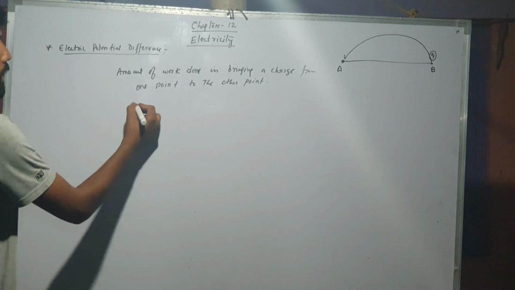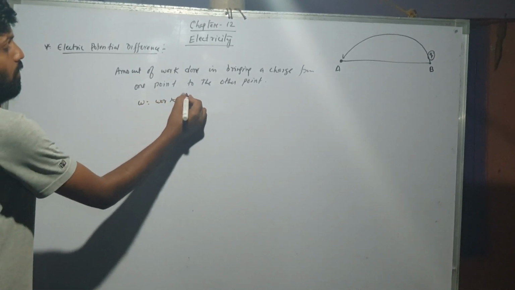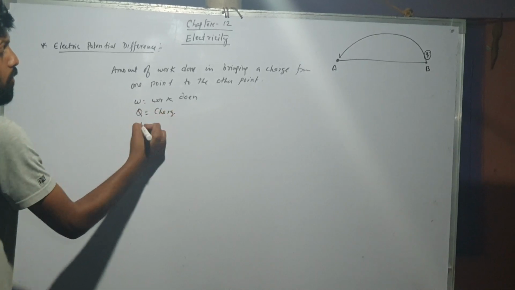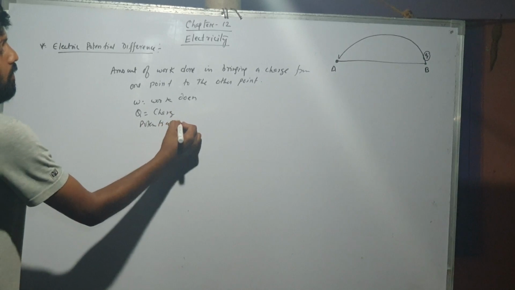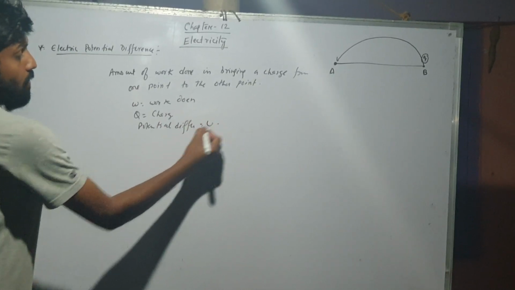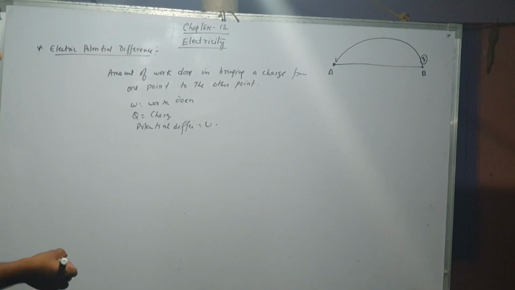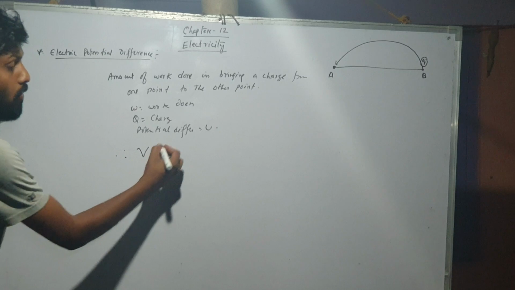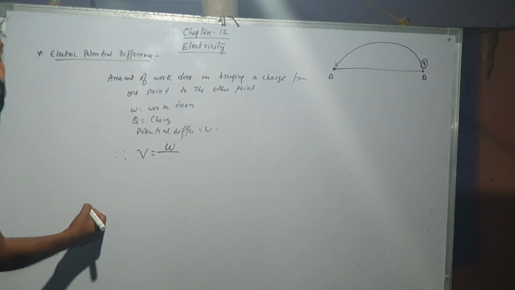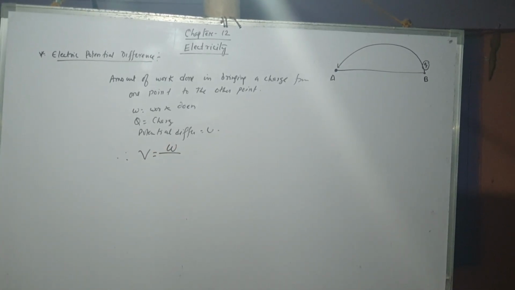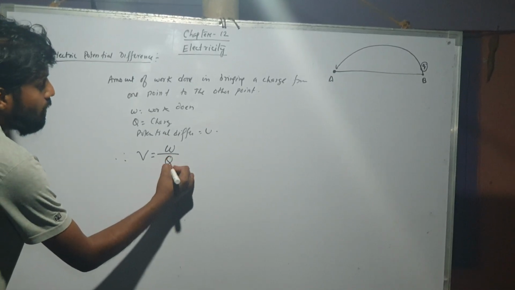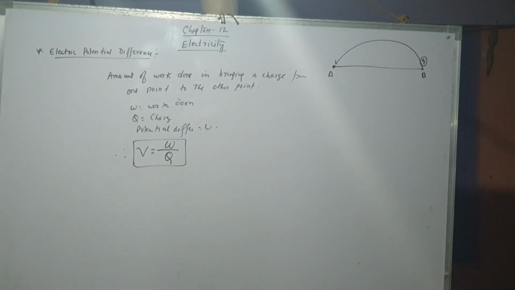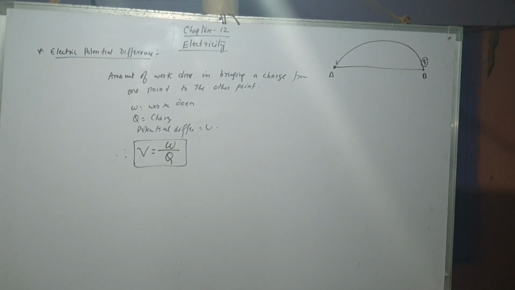If I take W as my work done, and your charge is Q, then your potential difference is V. Here potential difference is denoted by V. Electric potential difference is nothing but the work done, W, to bring the charge, divided by Q. That is the formula for electric potential difference, that is V is equal to W by Q.